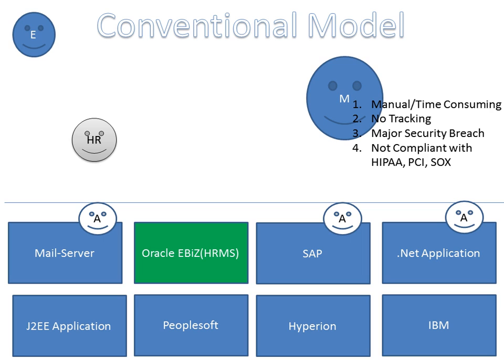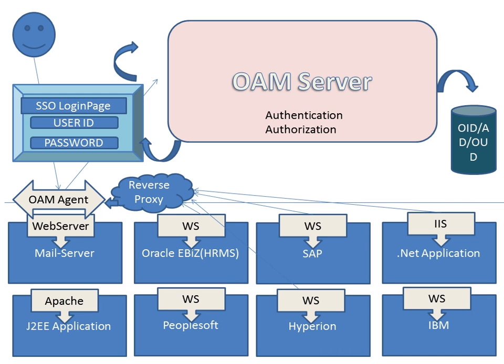So in the conventional model, what does Oracle Access Manager do? Oracle Access Manager provides the SSO services, single sign-on services. Means you have 10 applications, and for all the 10 applications you will have only one login page, one user ID and password to access all the applications. This is Oracle Access Manager's end goal.